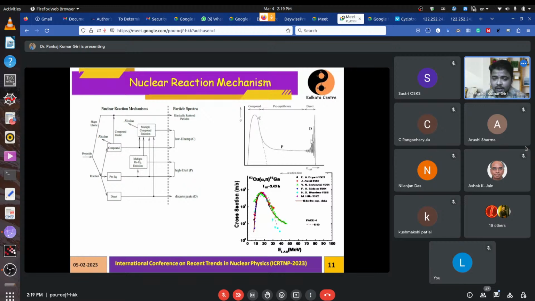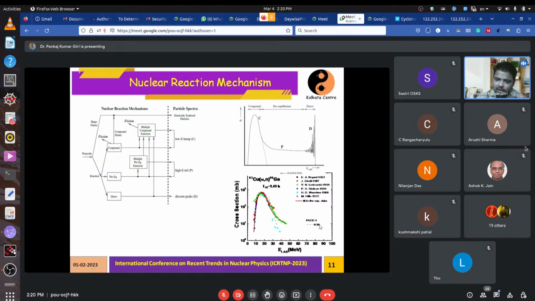Let me explain with this particular example of an alpha induced reaction with copper 66 gallium. So these are the experimental data, and I placed here only one code which is based on the compound nuclear reaction mechanism only. So this code will not take into consideration the pre-equilibrium or direct reaction.